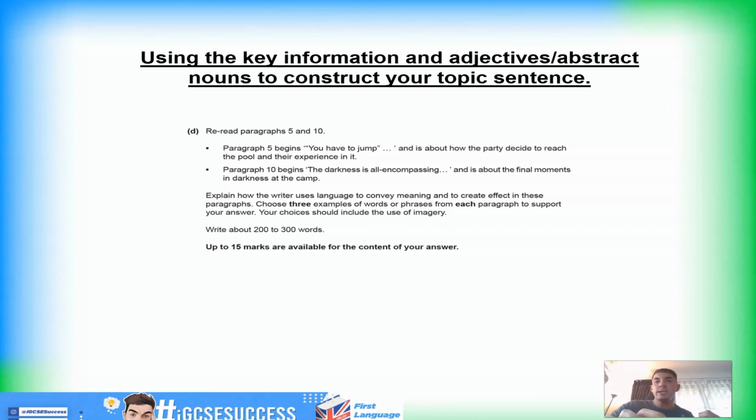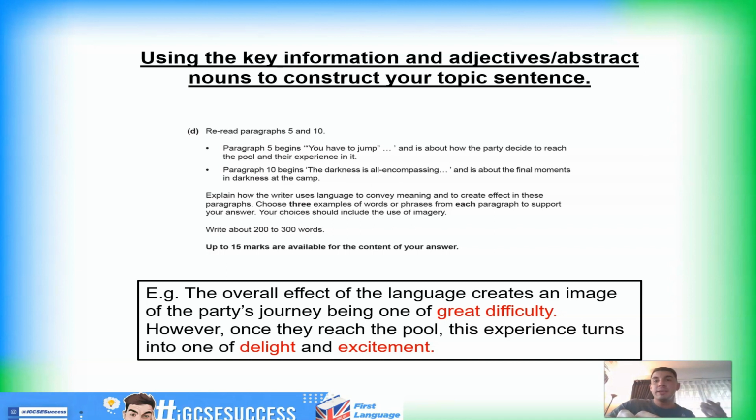So how do we use the key information? How do we use adjectives? How do we use abstract nouns to construct our topic sentence? The overall effect creates an image of. Let's take a look. And this is an example, by the way. I have looked at this paper before, but I can't remember exactly what it's about. So your topic sentence might sound something like this.